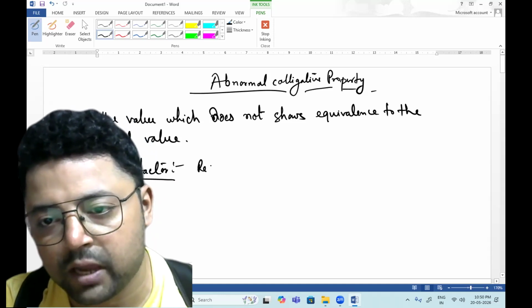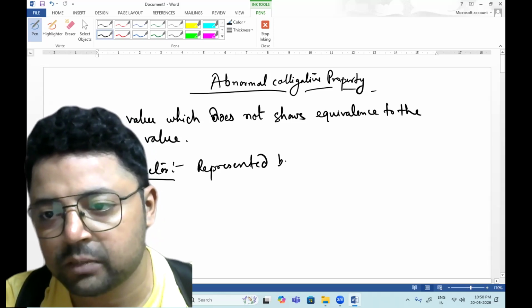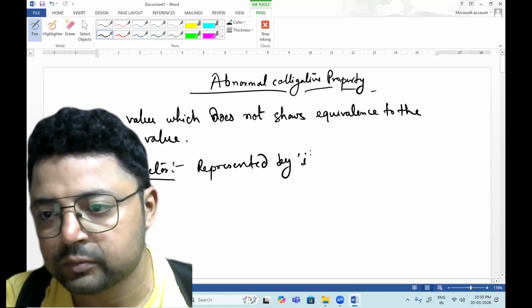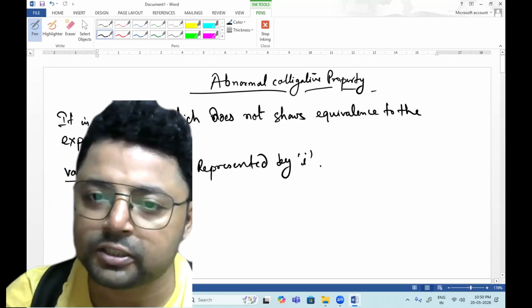which is represented by i, small i. Okay. So what is this Van 't Hoff factor?